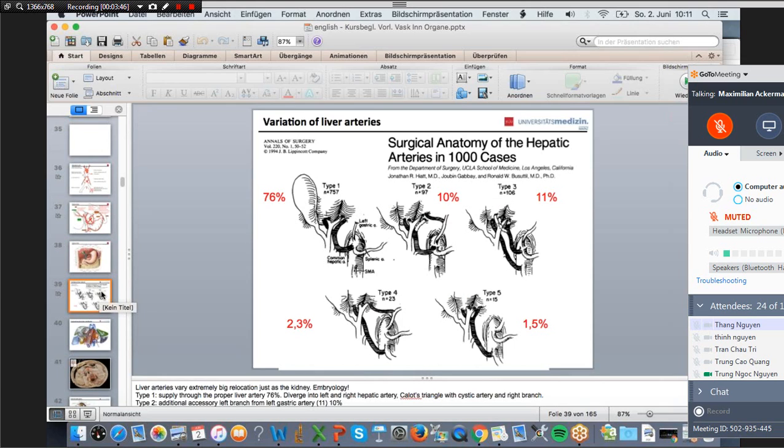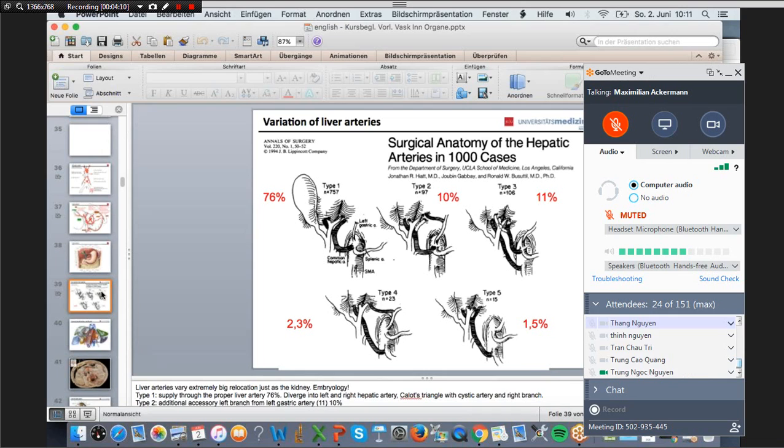Mostly you find the supply of the liver by the division of the common hepatic artery and then the proper hepatic artery. But it could happen that the left liver artery comes directly from the left gastric artery, or from the superior mesenteric artery. So this is nothing which is written in stone. It's not a rule. There are some variations.